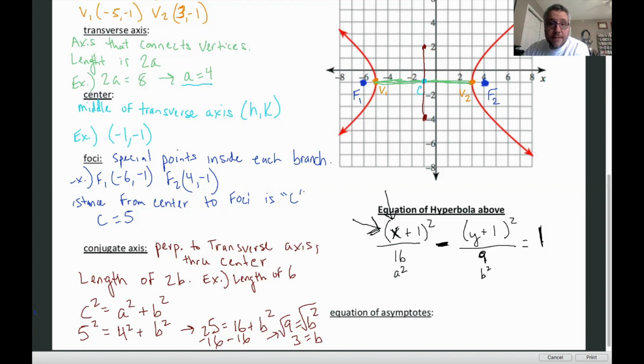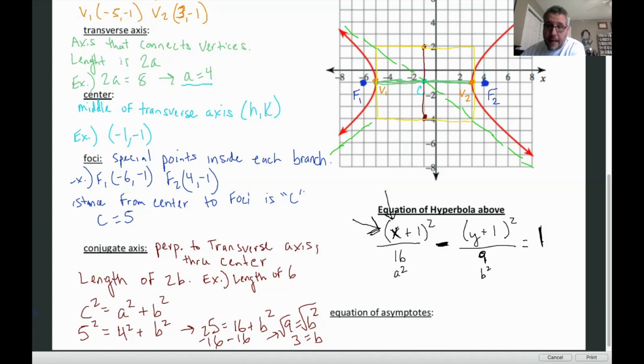So let's do the following here. If you take this transverse and conjugate axis, and you square it off like so, and then do what I call draw an X box, which is through the corners of the box, through the center, through the opposite corner, and then do the same thing on the other side.